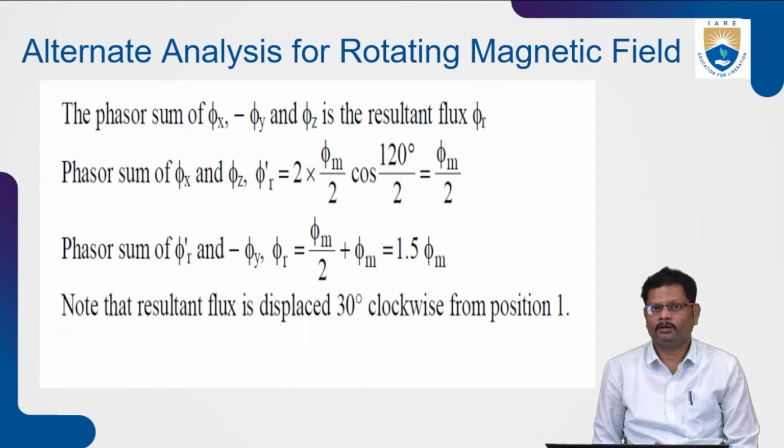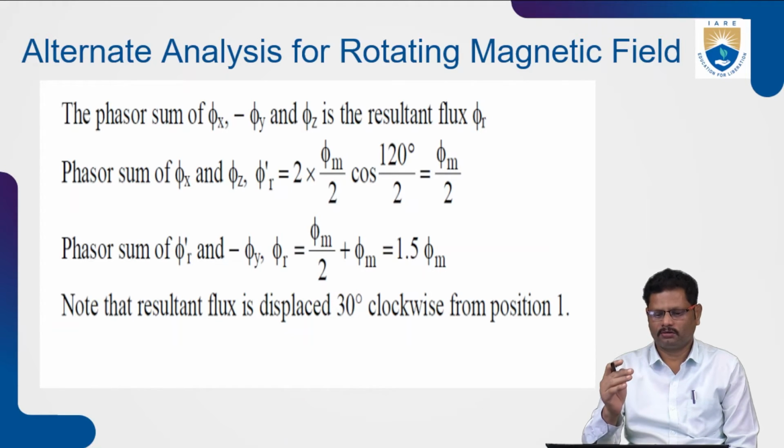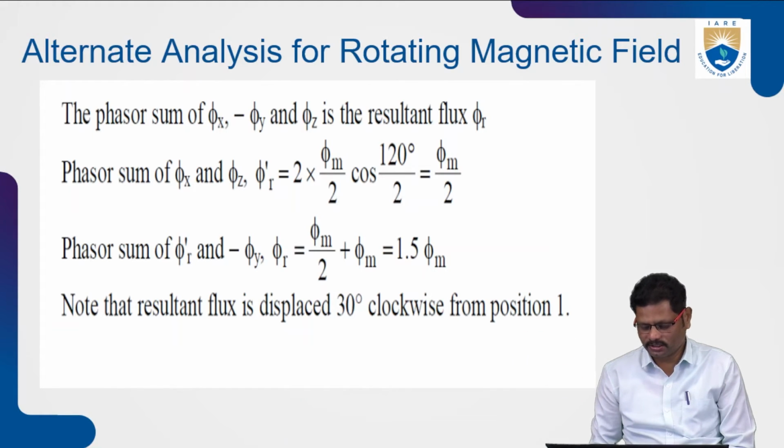Then the phasor sum of phi y and phi z is the resultant flux. Similarly, in other instances also, the resultant flux is displaced clockwise from position 1. From position 1 to 2, the flux is displaced 30 degrees.